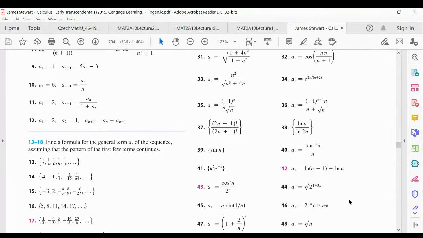Now look at the denominator. 2n plus 1. What's the one just below that? That's going to be 2n, and then the next one is 2n minus 1, then 2n minus 2 and so on, all the way down to 1.